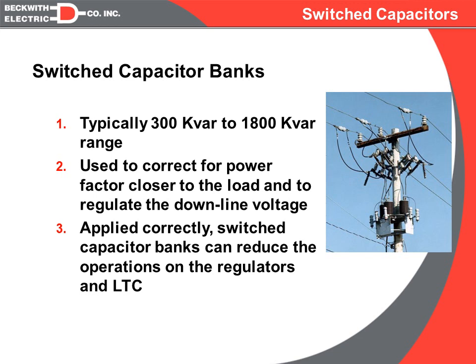The other advantage of having the banks downstream is that if we have the bank at the substation, the VAR current still needs to leave the substation capacitor and traverse down the distribution circuit to get to the motor load requiring that current. And so we are creating voltage drop down that distribution circuit.